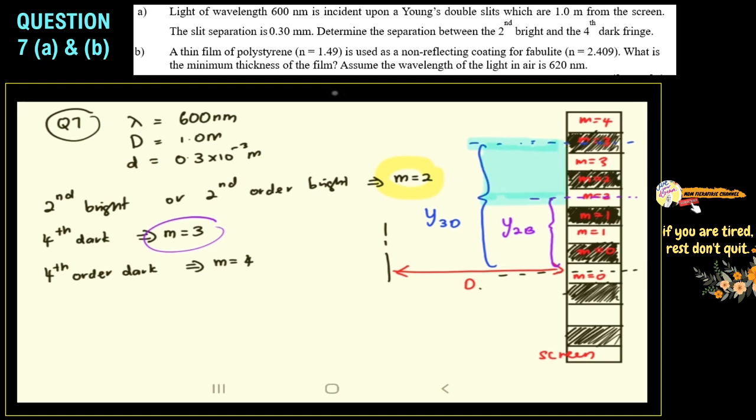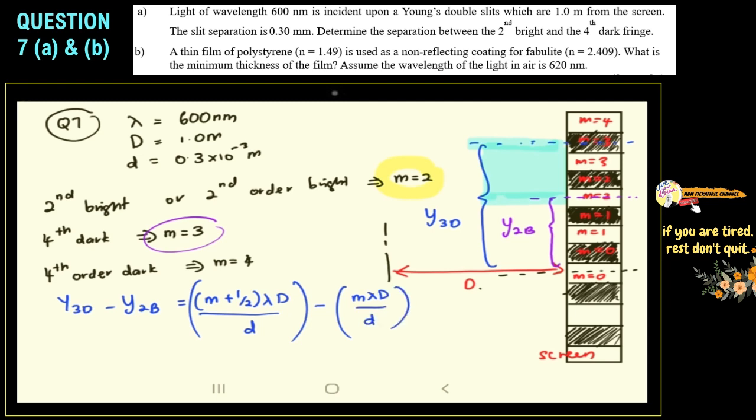So we subtract Y3D minus Y2B. Y3D is the third order dark, so we substitute into the equation for dark fringes, m plus half lambda D over d, minus Y2B for the bright fringe. Make sure you use the bright equation, m lambda D over d.